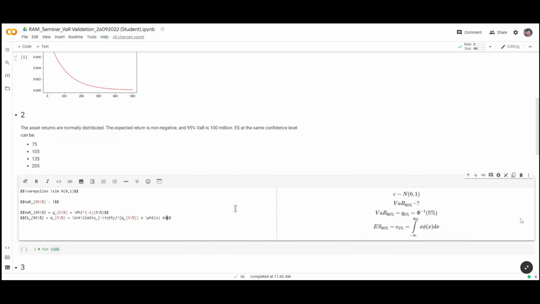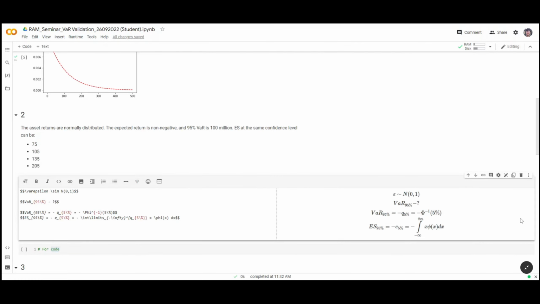Remember that we follow the convention that value at risk and expected shortfall are positive numbers, and quantiles and expectation in a tail are definitely negative, so I put minus here, just to make sure that everything is fine. Good.